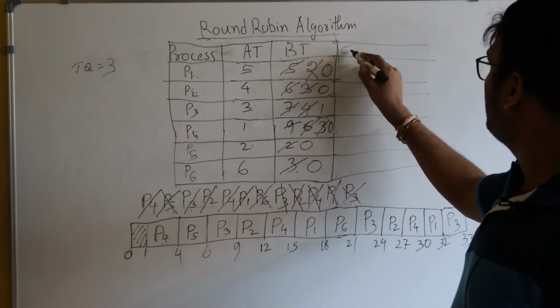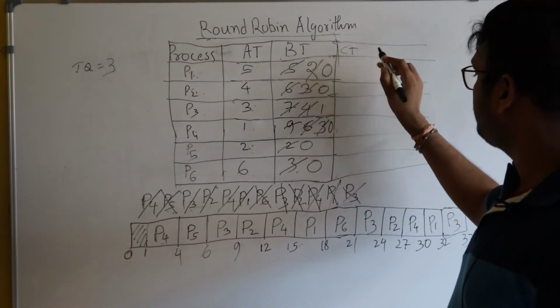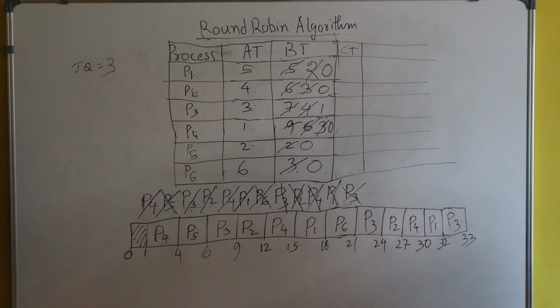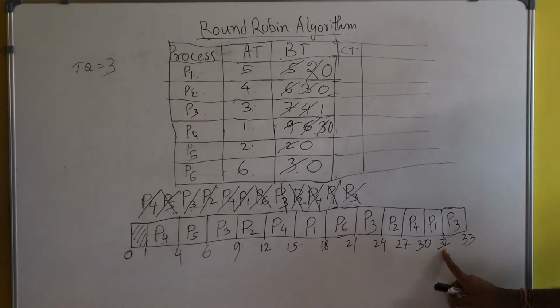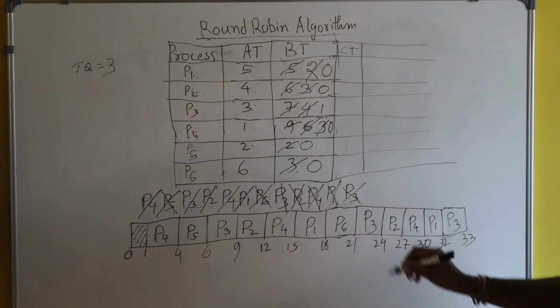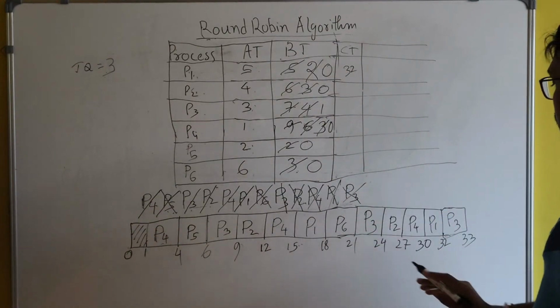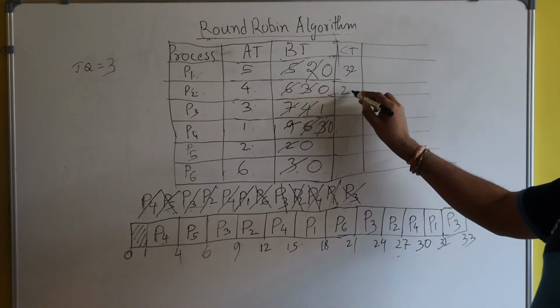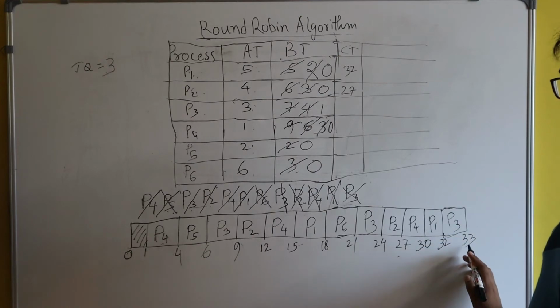So let's see the completion time. Completion time of P1 is 32. You see from here, it's 32. So here I will write 32. For P2 it will be 27. For P3 it will be 33.